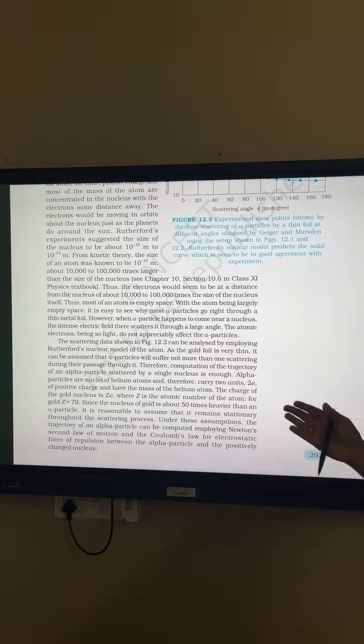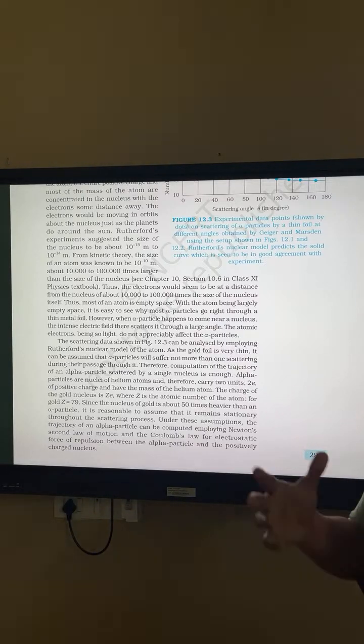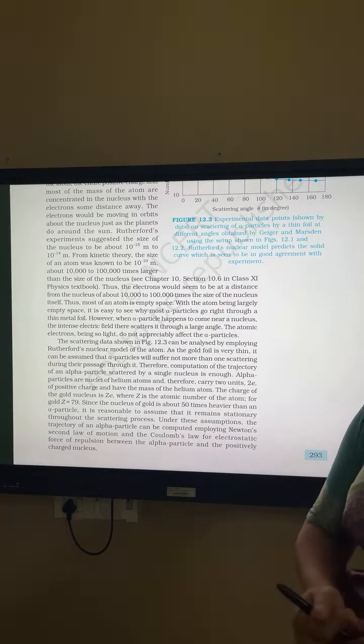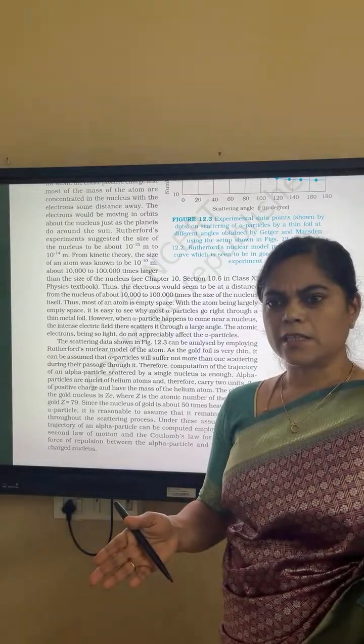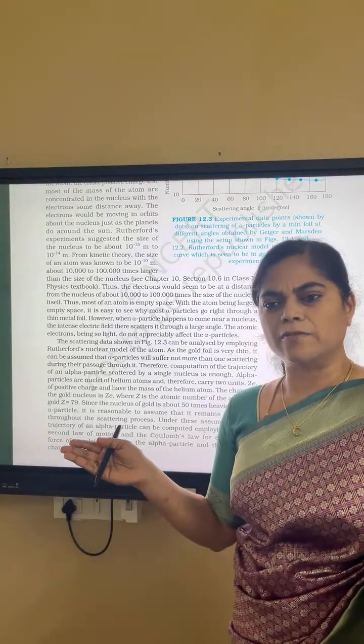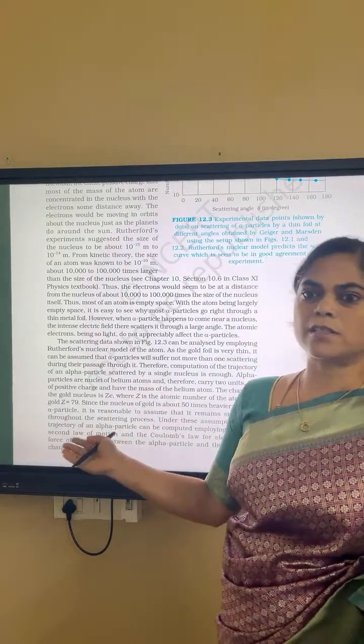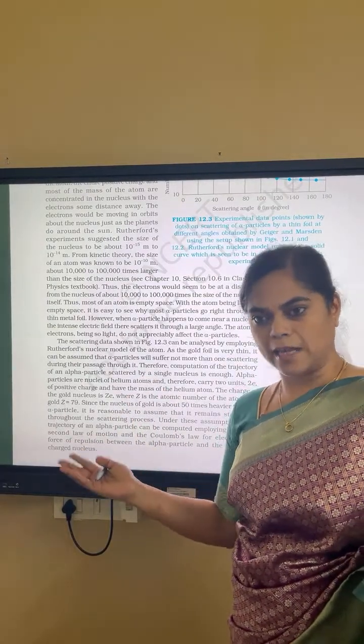Understood? So during their passage through it, since it is a very thin gold film, it is very easy for the alpha particle to scatter from it. So it doesn't suffer repeated scattering.